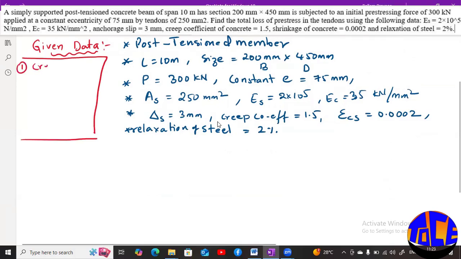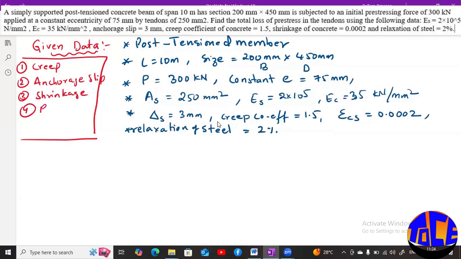One is loss due to creep, two is loss due to anchorage slip, three is loss due to shrinkage, four is due to relaxation of steel, and five is due to friction. These are the 5 losses we are going to have in a post-tension member. The summation of these 5 will be the total loss of pre-stress in the tendon. Let us find out the loss of pre-stress for each of these losses.